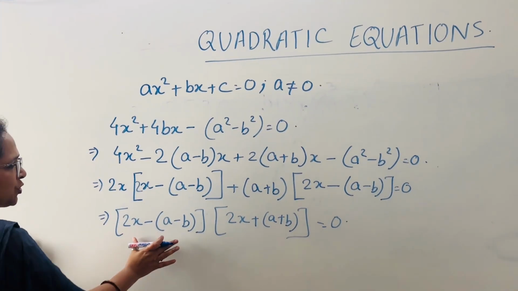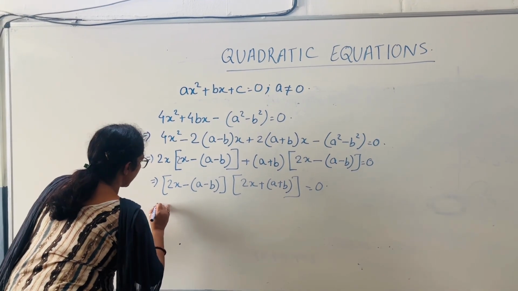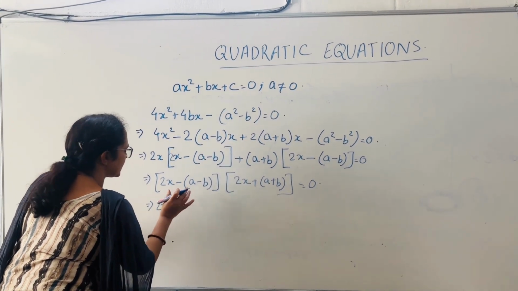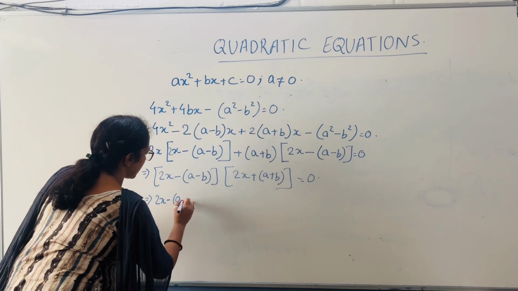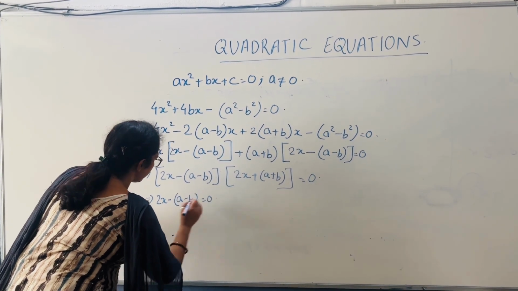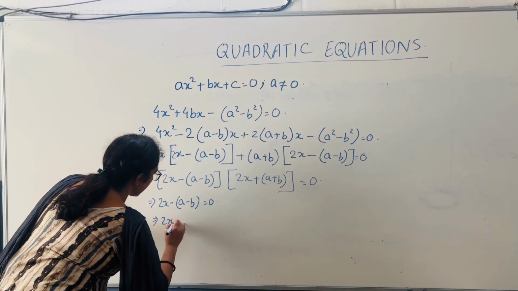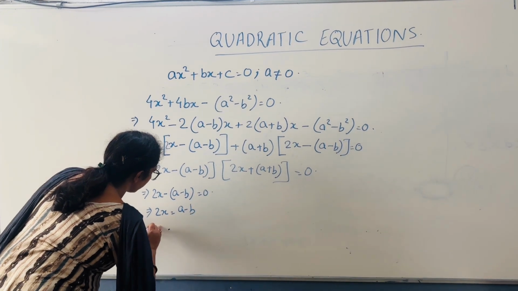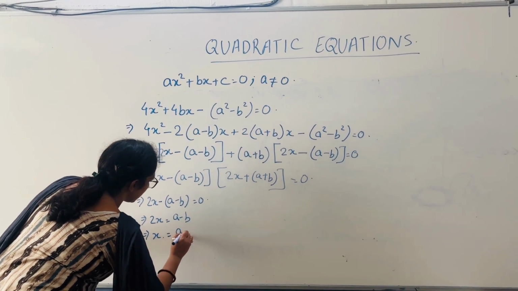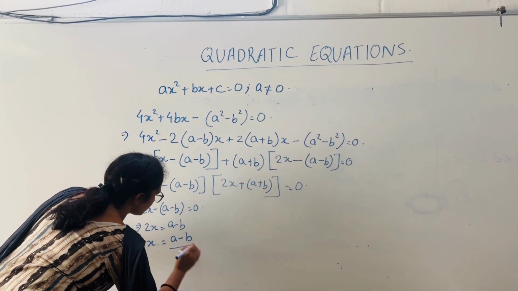Now we are getting two different values of x. Whenever I take this as 0, 2x minus a minus b is equal to 0. So what are we getting? 2x is equal to a plus b. Therefore, x is equal to a plus b upon 2.